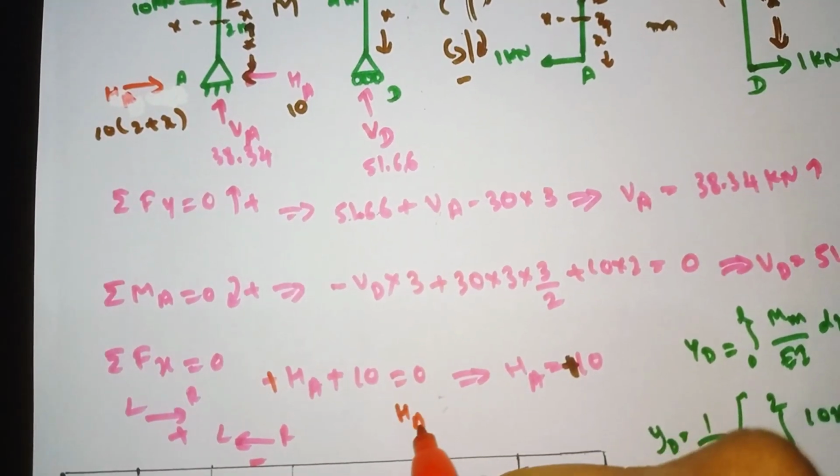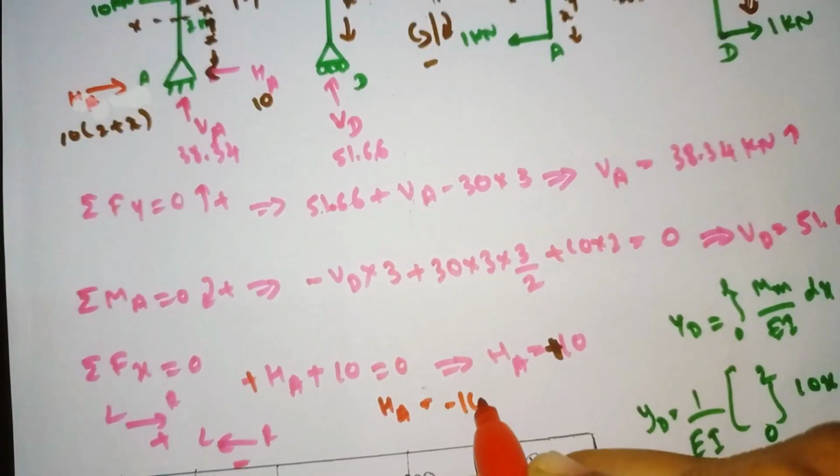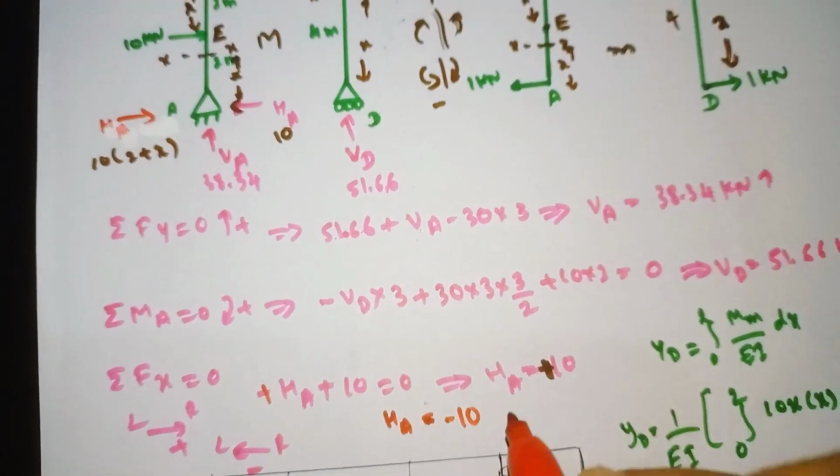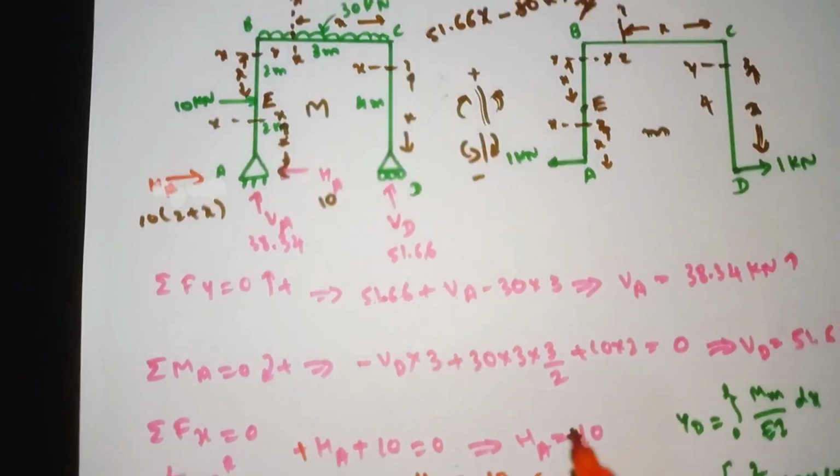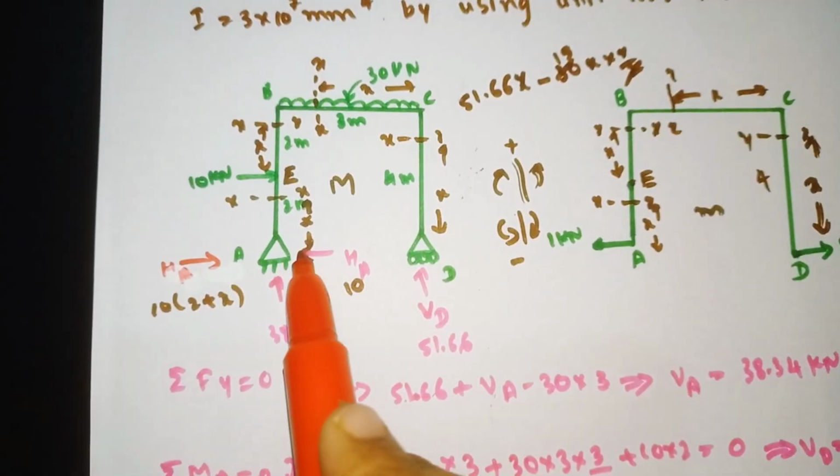So our HA will come out as minus 10. Minus 10 means the direction will be like this, and that's why I have written the direction like this.